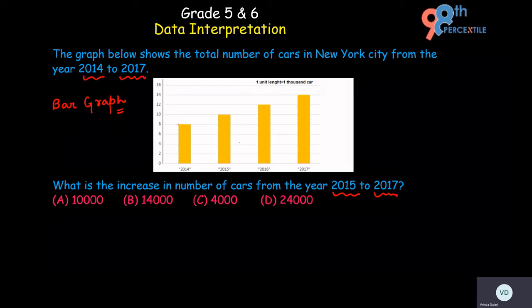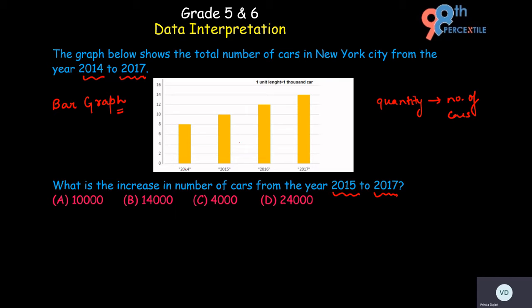By frequency, we mean a number of a particular quantity. Here that quantity is the number of cars. So here the height of these bars represents the number of cars.